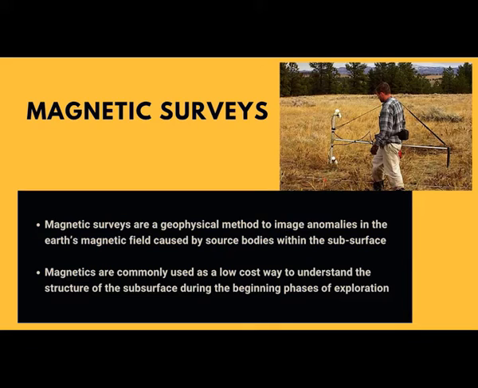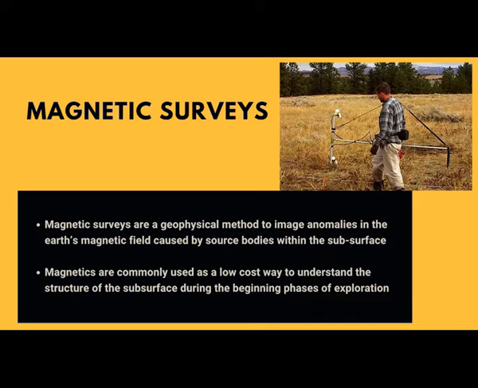Each of these rocks has different properties, and through magnetic survey and other techniques, we are able to figure out what kind of rocks are available at different depths. And once we go through these surveys, we will be able to figure out whether reservoir rocks are available at a particular location or not, and that will give us some insight into whether to do the further drilling process.